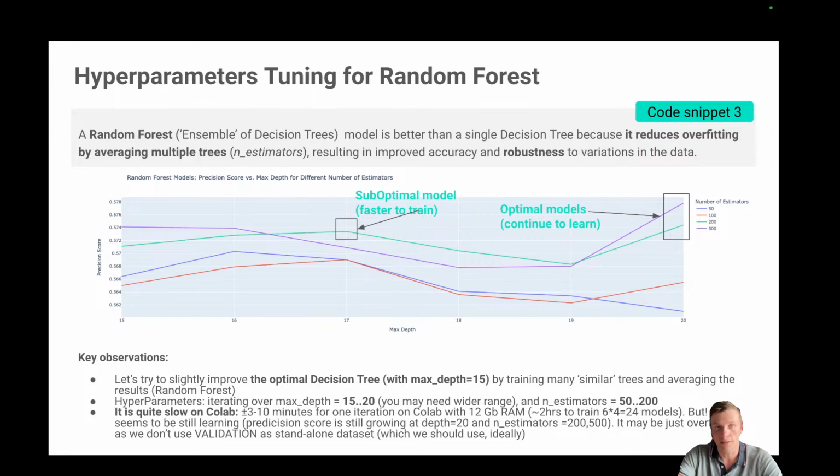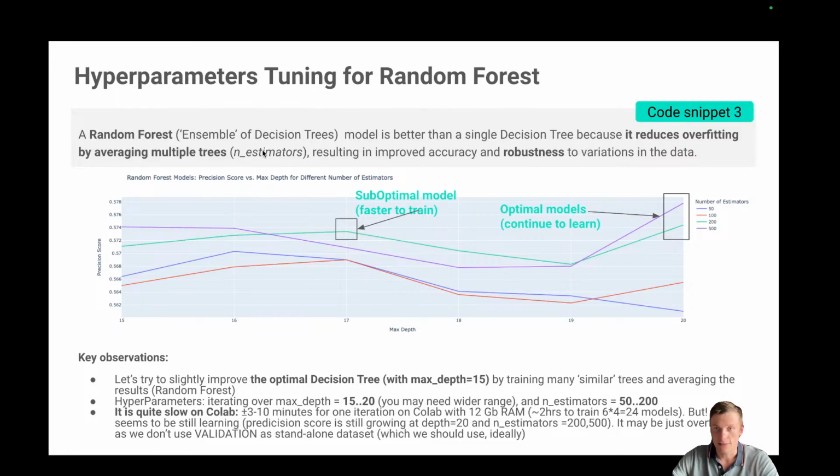It's called not a Decision Tree Classifier, it is a Random Forest Classifier, but it has more parameters to optimize on. And the first parameter is the maximum depth. That is exactly the same parameter that we used to train one single tree. And the second is the number of estimators, or number of trees to estimate.